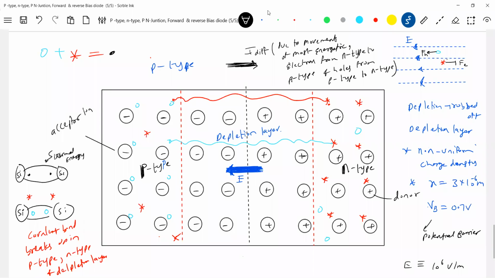Okay, there's a reason for this current I put in. Not all, only due to the most energetic ones. So due to that there'll be current.